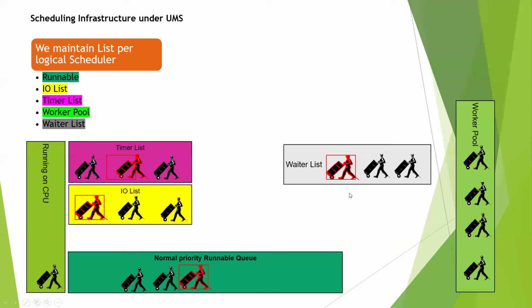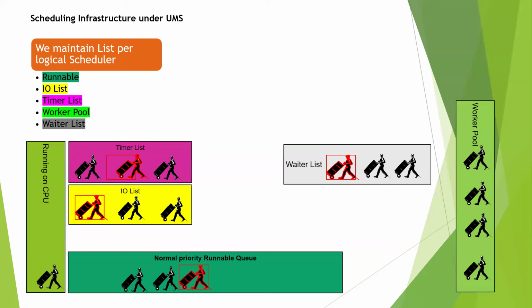Next, if a thread is waiting for IO to be completed, and the IO is posted, meaning completed, then it has to go and execute on the CPU. This is what we call asynchronous IO.